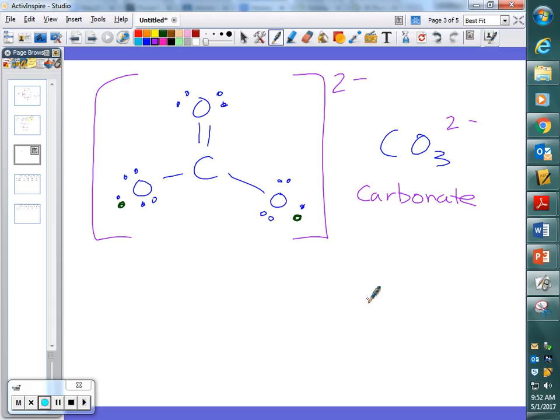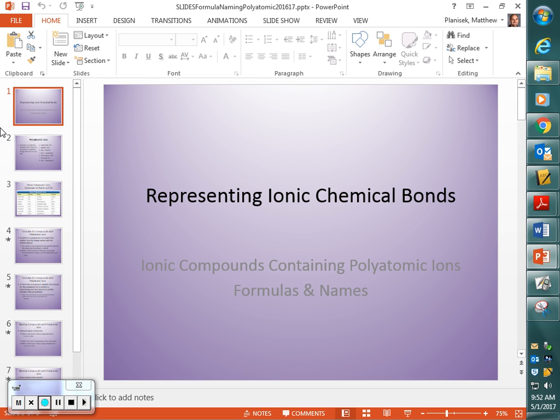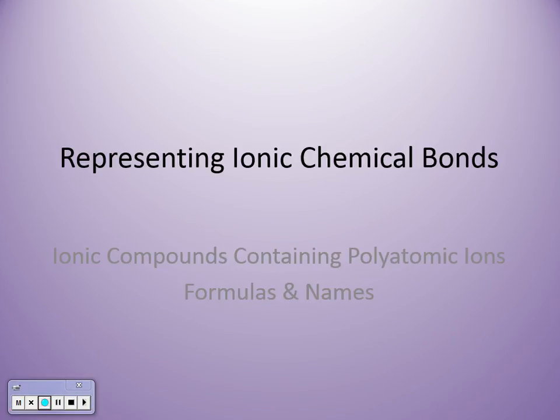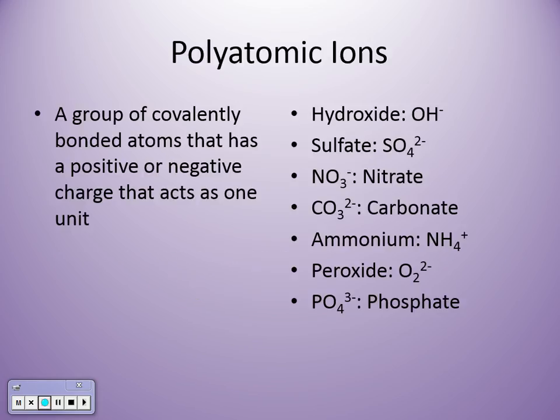So, let's talk about these formulas and these names. Ionic chemical bonds are compounds containing polyatomic ions. Defining a polyatomic ion: it is a group of covalently bonded atoms that has a positive or negative charge and acts as one unit.